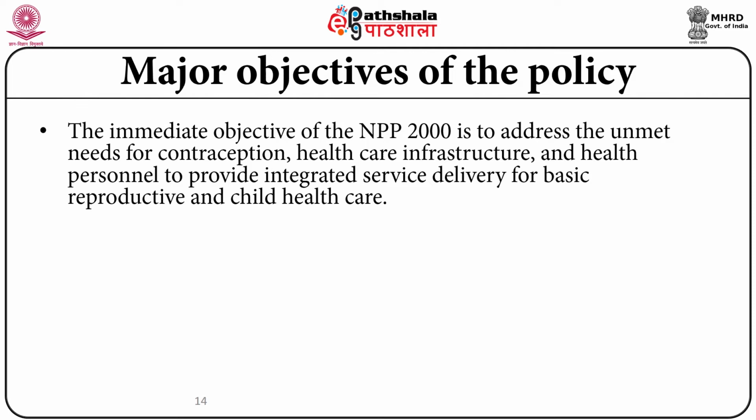So unmet need of family planning has to be addressed first. Health infrastructure must be strengthened, and health personnel provided for integrated service delivery for basic reproductive and child health. It means that the policy emphasizes that family planning should be an inbuilt component of the quality of reproductive and child health services. It cannot be treated in isolation.